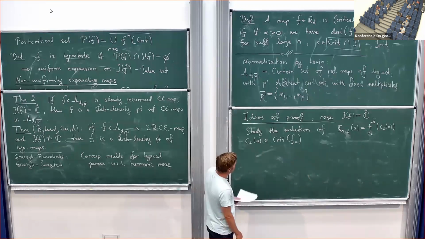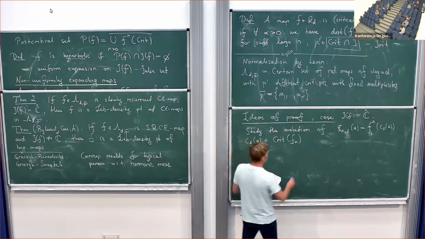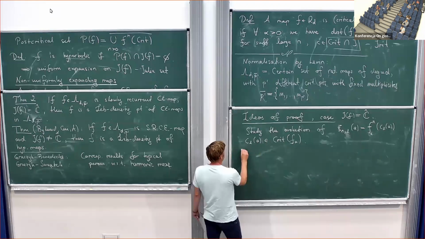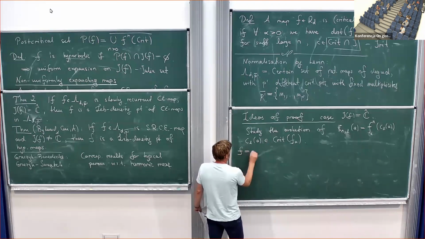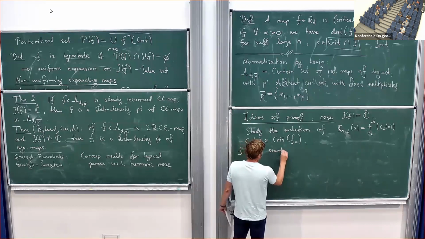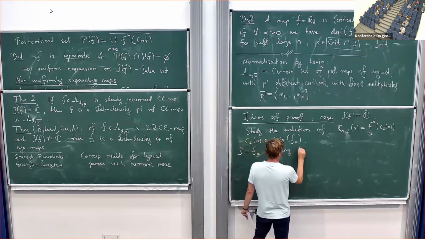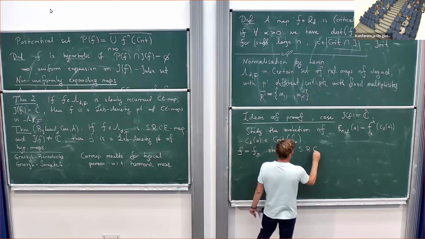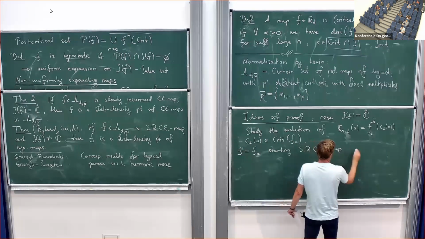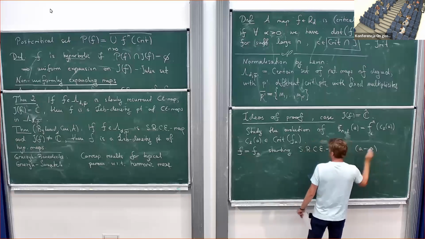This is an analytic function for each n. What I'm going to do is start with the starting function f0, a starting map. This is a slowly recurrent Collet-Eckmann map that corresponds to a equals 0, and then you look around a equals 0.